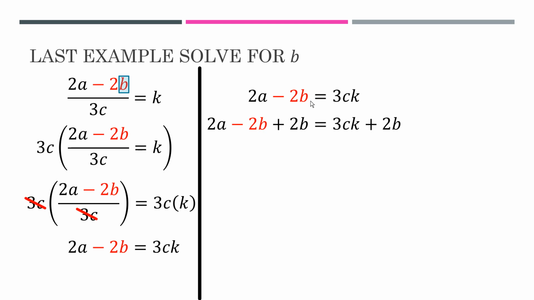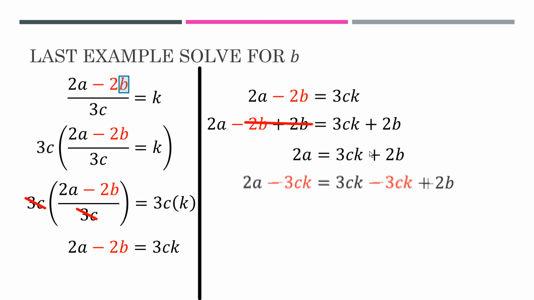So we're going to move the b over. That way we can cancel there. We have 2a is equal to 3c plus 2b. Now, again, we have addition and multiplication to take care of. Let's take care of the addition by subtracting the 3c from both sides. That cancels over there, leaving us with 2b is equal to 2a minus 3c.